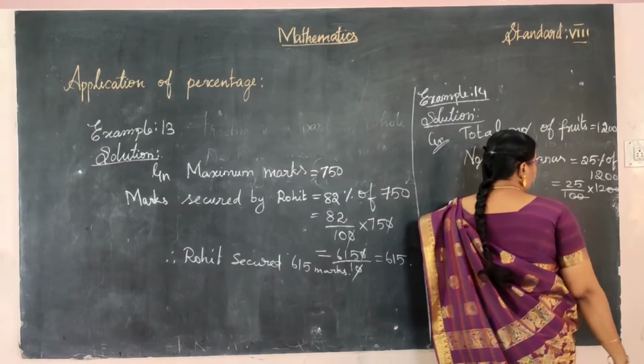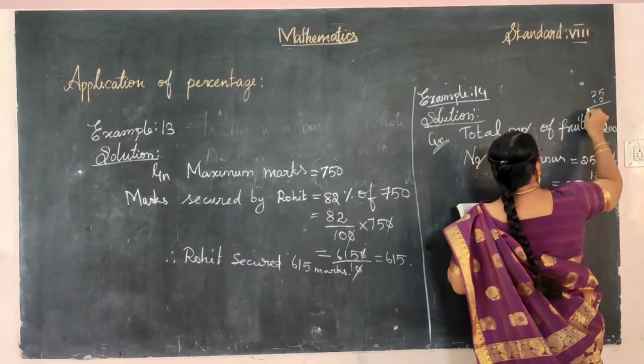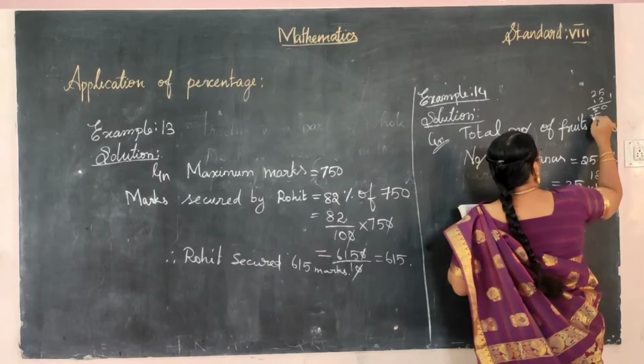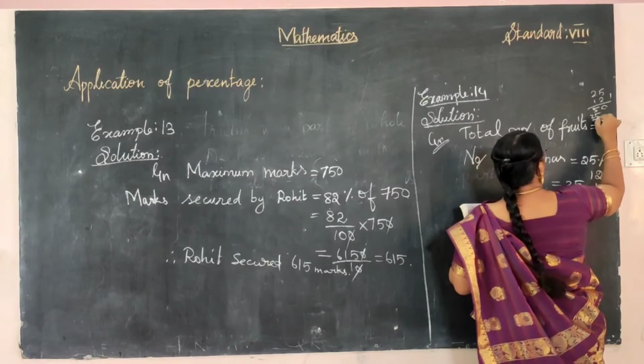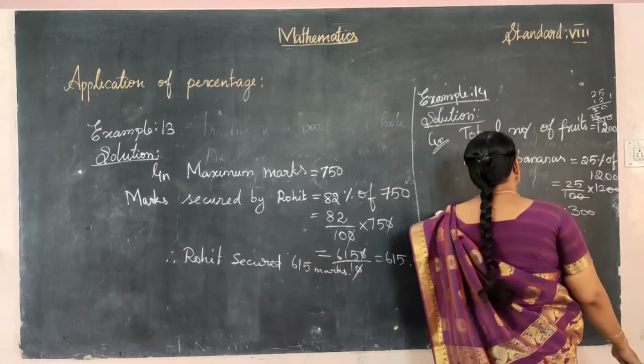These two zeros cancel. So 25 twelves are 300. So how many bananas are there? 300 bananas.